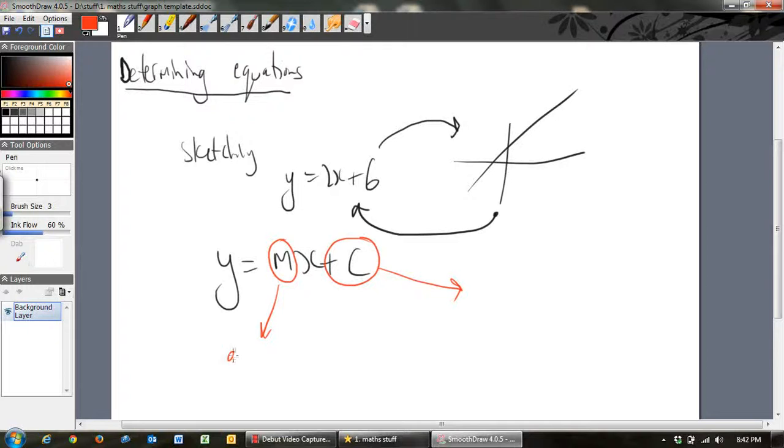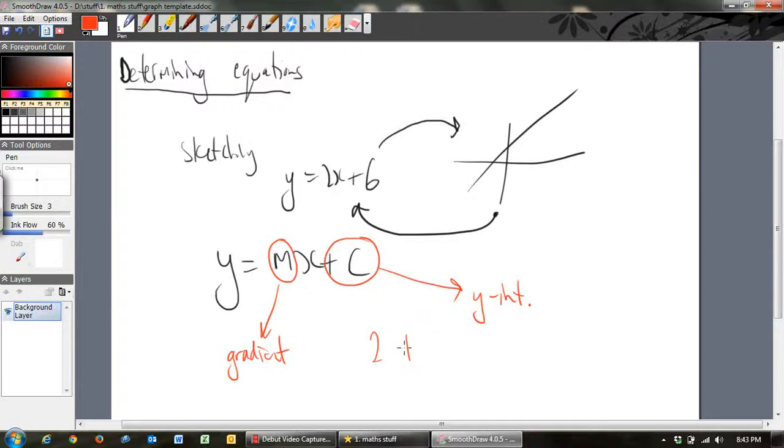Remember, m is our gradient, c is our y-intercept. So what this means is that any straight line graph can be written as y equals mx plus c. So if you can find the gradient of a graph and the y-intercept of a graph, then you can write down the equation.